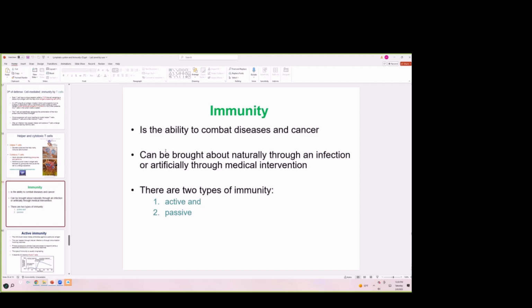Sometimes individuals get so sick that they don't even have enough B cells. They cannot go through the process of waiting for the B cells to identify the pathogen and then make the expansion. Sometimes they will just take antibodies that have been made in the lab and give them to those individuals. What does that do?